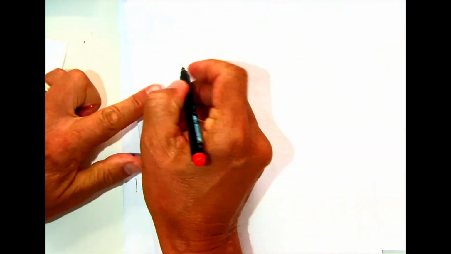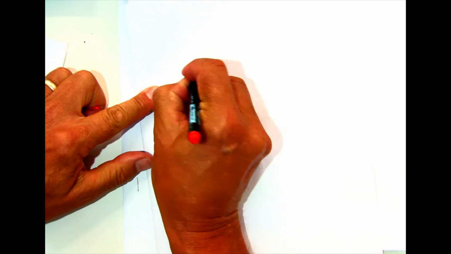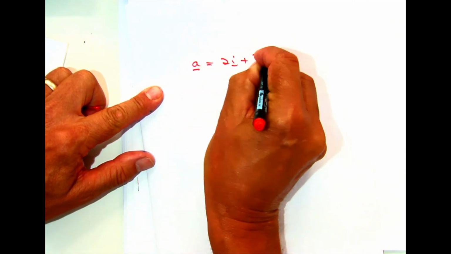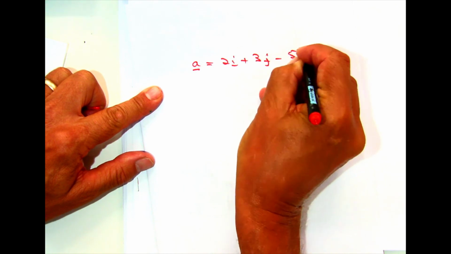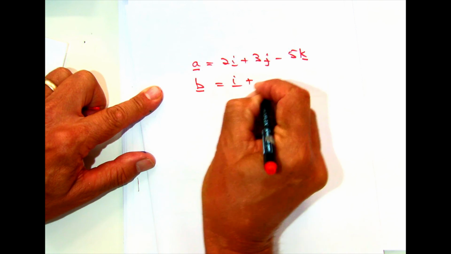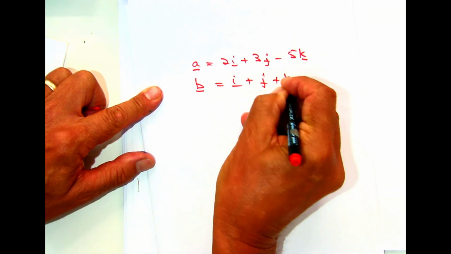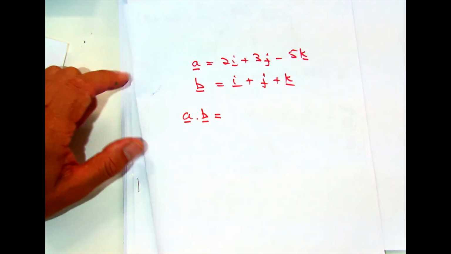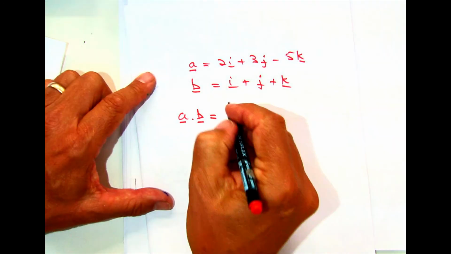And let's go through the dot product itself again. Let's say you have a vector A equals 2i plus 3j minus 5k, and you have a vector B equals i plus j plus k. What is A dot B?